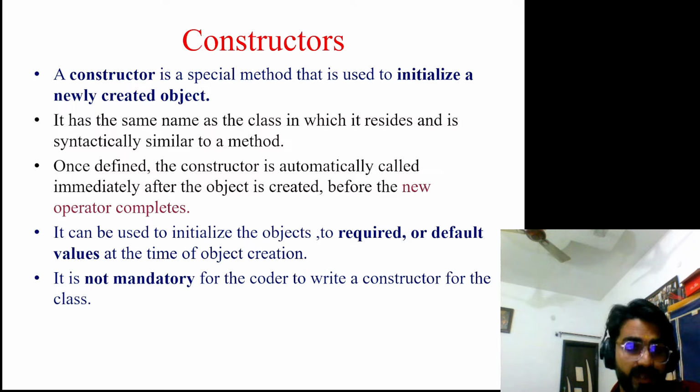In point number 5, it is not mandatory for the coder to write a constructor for a class because Java can also have its default constructor. It can be used to initialize the object to required or default values at the time of object creation. In the third point, you can see that once defined, the constructor is automatically called immediately after the object is created, before the new operator completes.